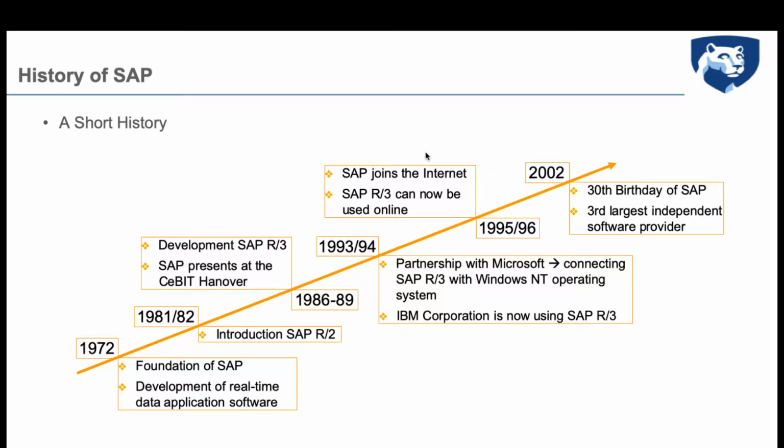A little bit of history about SAP. SAP was born in 1972, but it took 30 years to provide an integrated business software application as we conceive it today, an enterprise resource planning system, because from 1972 to 2002 SAP was providing single modules and single software.